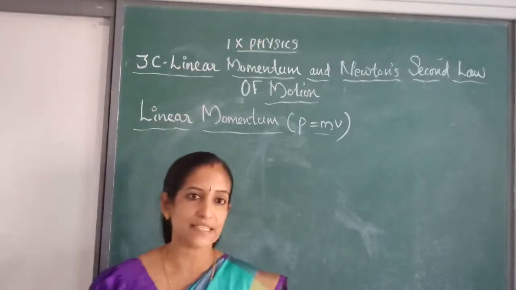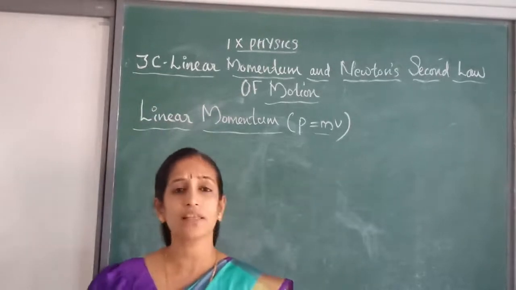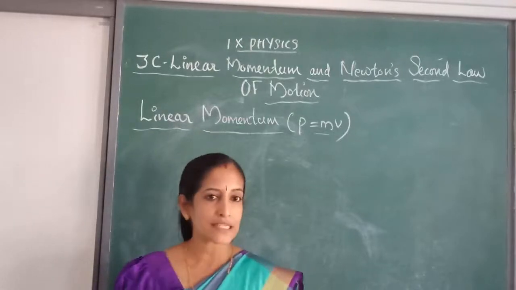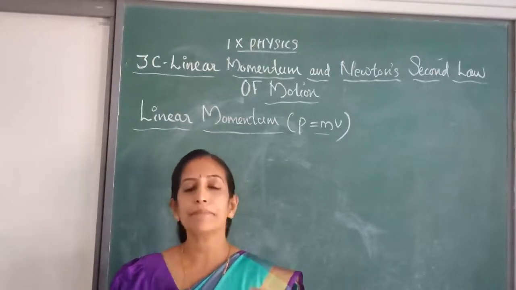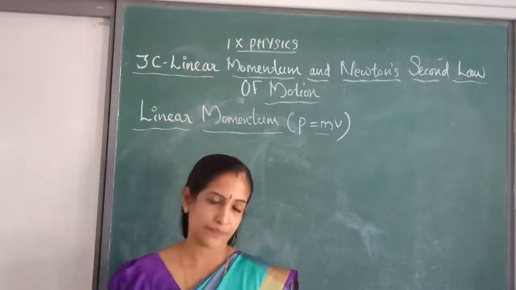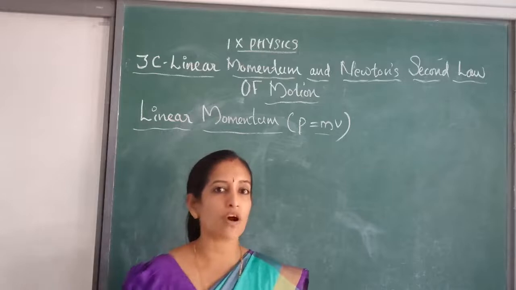What is linear momentum? I will explain it with some examples. Suppose a metal ball and a small plastic ball are both moving, and you want to stop the balls.